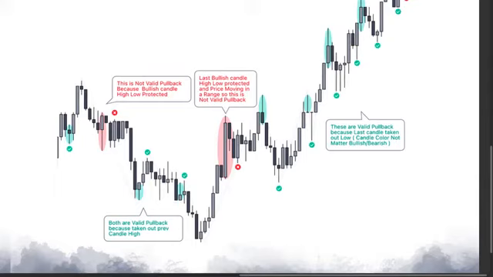You can annotate here. Let me enable this. Okay, now you can annotate here.